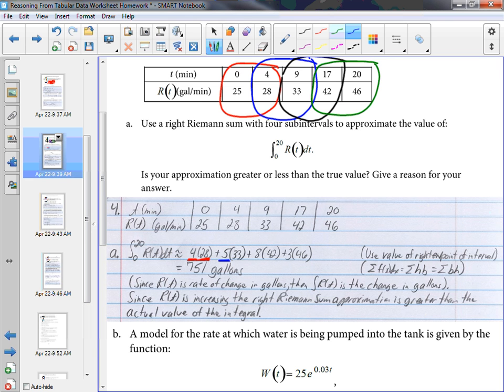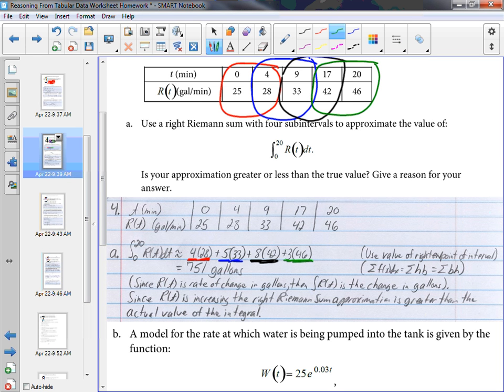Use the right edge as the height: 33. Then from 9 to 17 is 8, so the base is 8. Use the right edge as the height: that's 42. And then from 17 to 20 gives you a base of 3, using the right edge as the height: 46. Punch it in, okay?